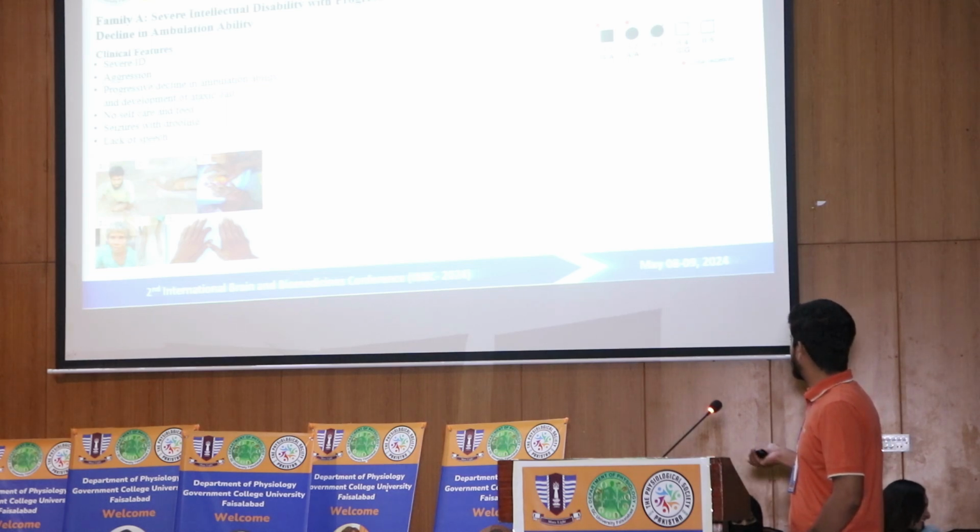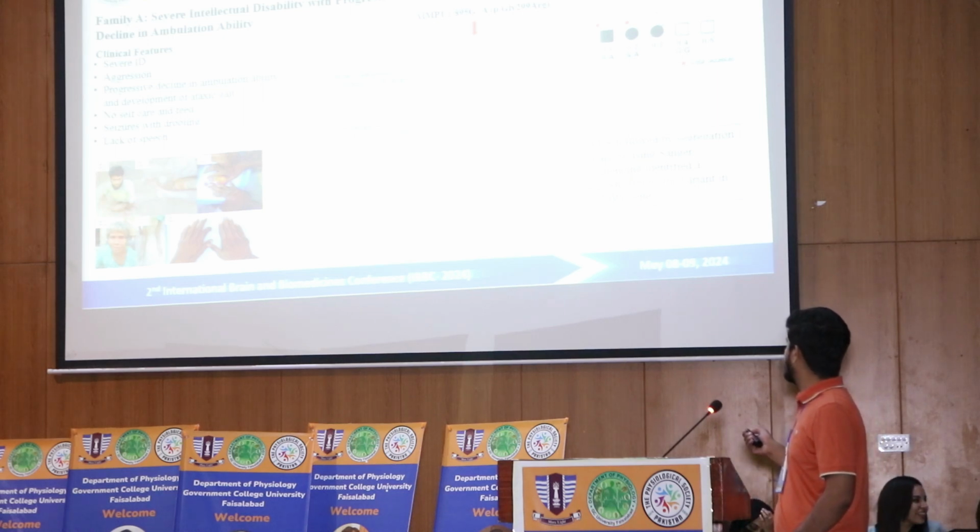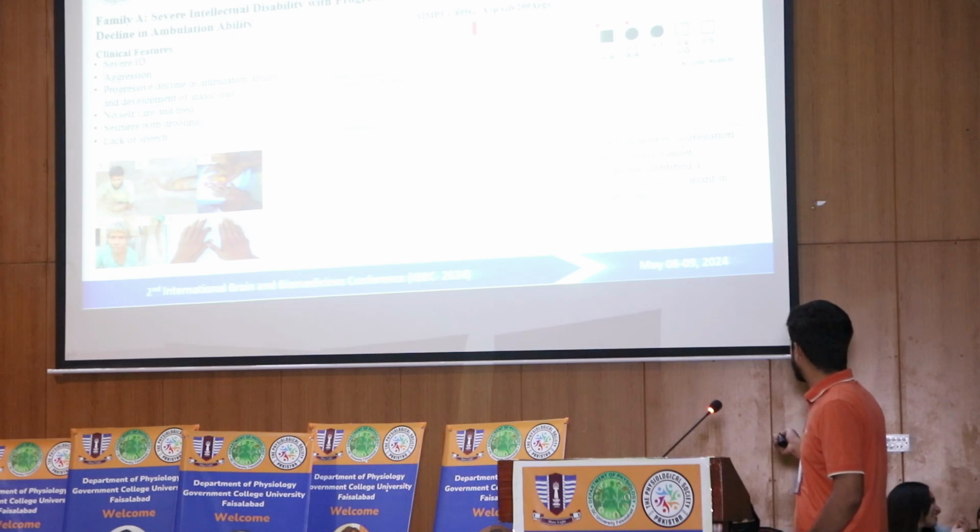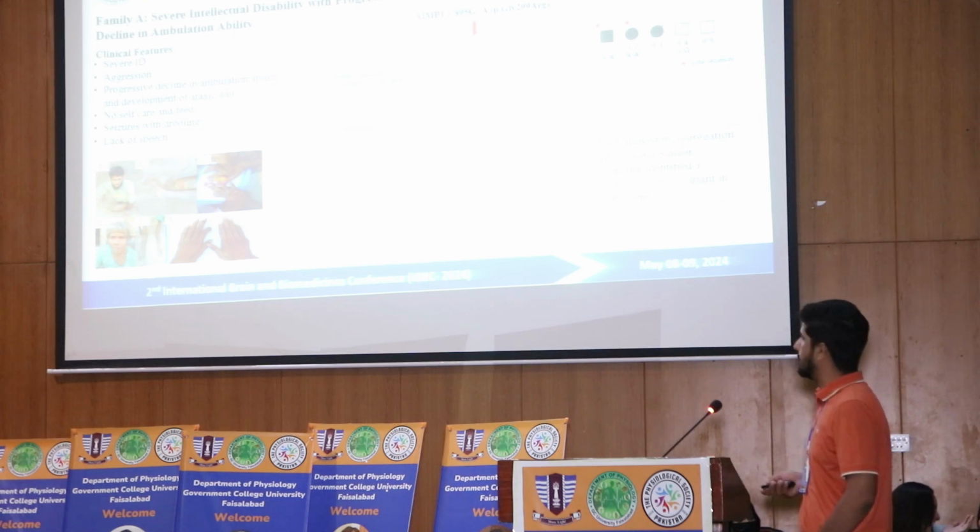On the basis of genetic analysis, we have identified a missense mutation in the AIMP1 gene, changing the amino acid glycine to arginine at position 299, and we have assessed the effect of this mutation using different in silico tools.